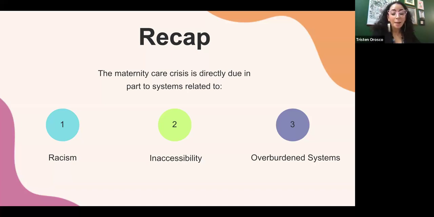So a recap of what we've talked about so far. The maternity care crisis that we're facing is directly due in part to racism and colonization, inaccessibility, and an overburdened system. I want to make it very, very clear that a person's race is not a risk factor for mortality.